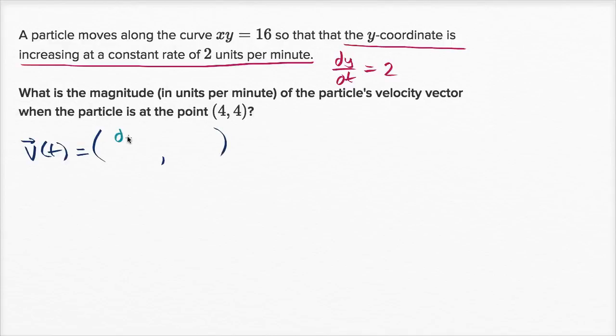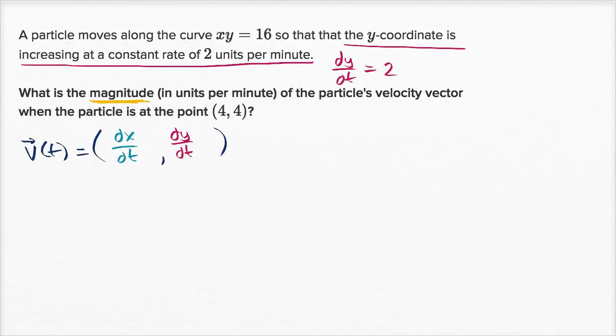The rate of change in the x direction is dx/dt, and the rate of change in the y direction is dy/dt. They tell us that dy/dt is a constant 2 units per minute. But they're not just asking for the velocity vector or its components. They're asking for the magnitude of the particle's velocity vector.